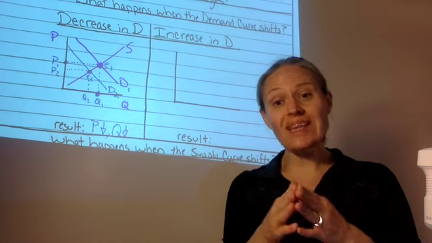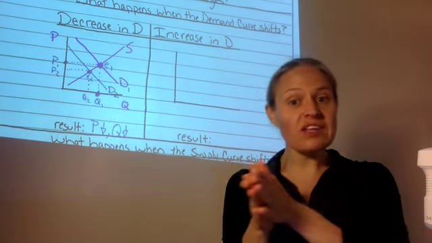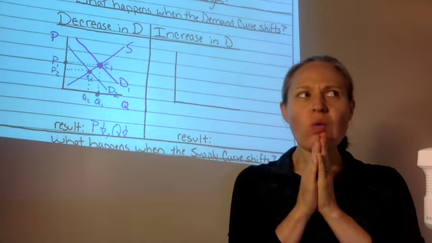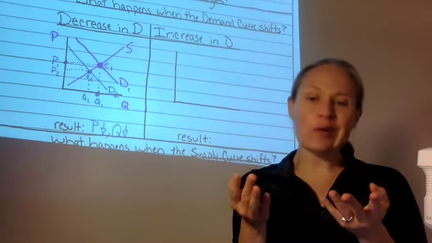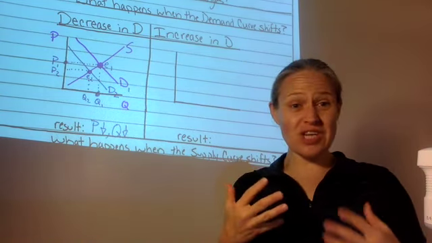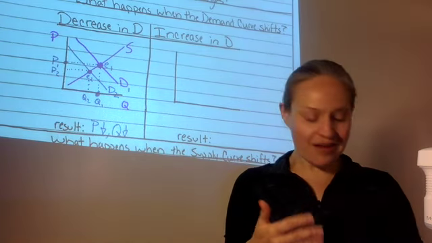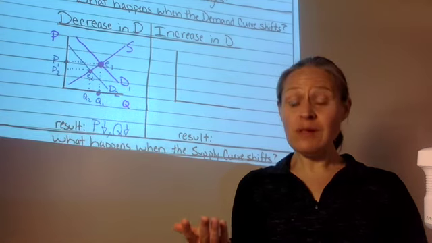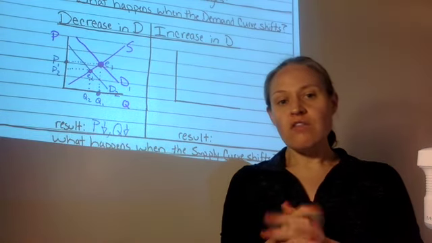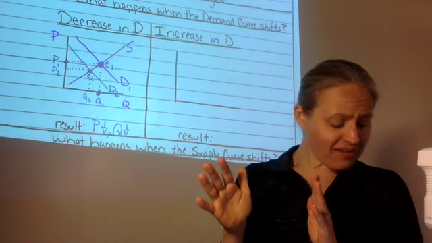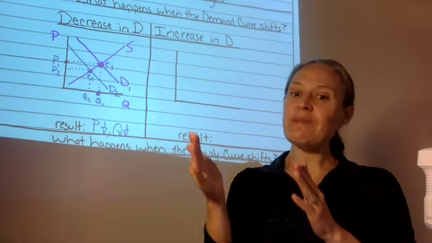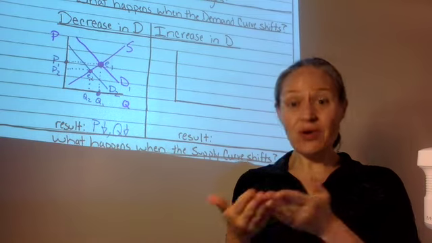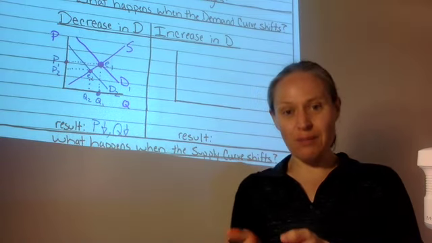Well, something becoming less popular will cause the demand for it to go down. Doesn't it make sense that the price would go down and there would be less of it available? So we can see that in the real world, when the demand decreases, the price will often drop and the quantity available will also drop.